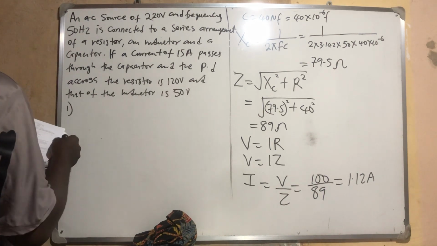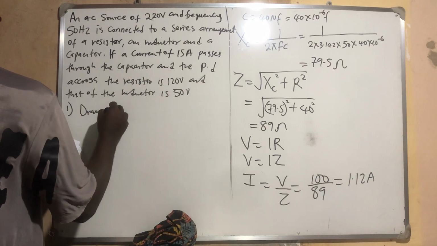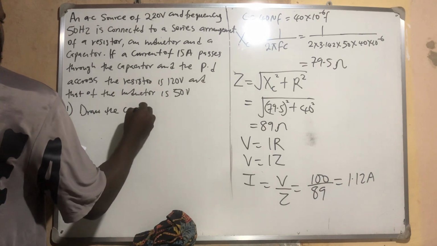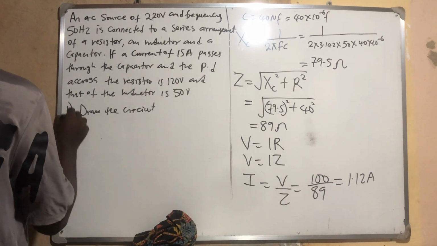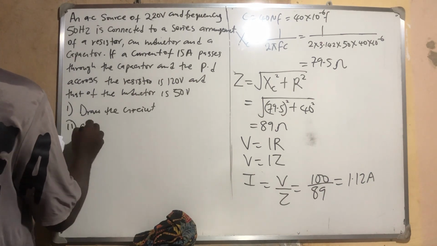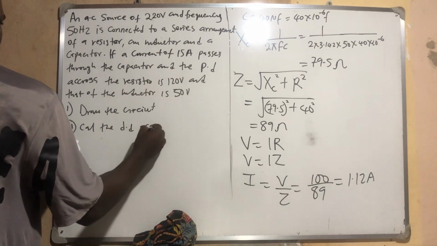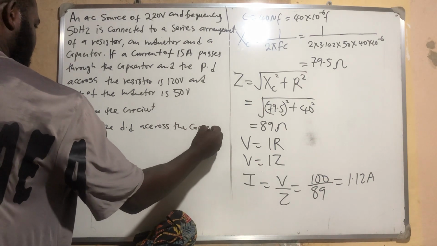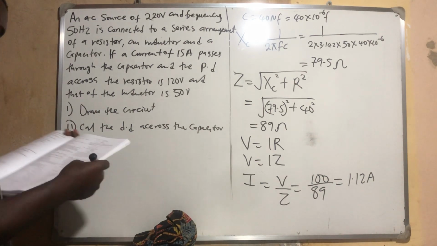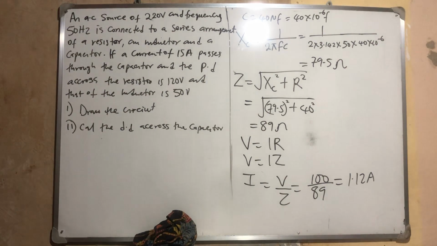Number one, draw the circuit. Number two, calculate the potential difference across the capacitor.